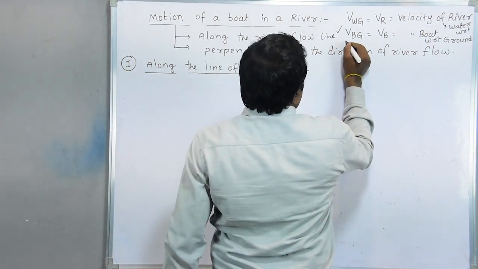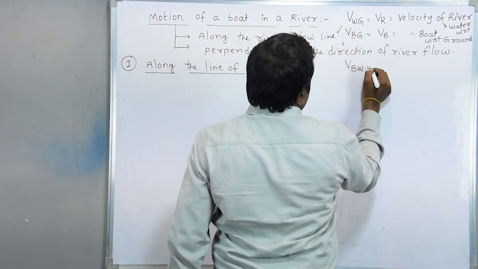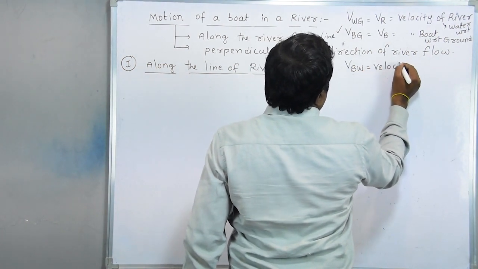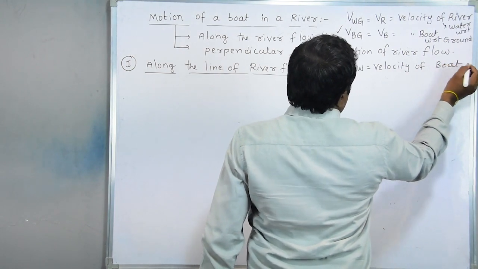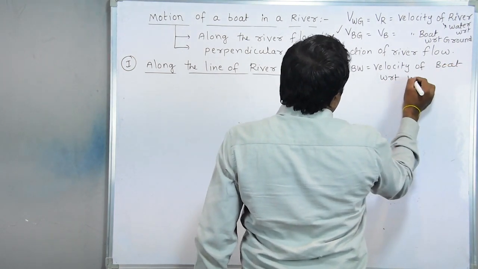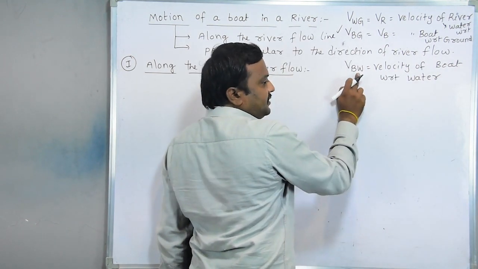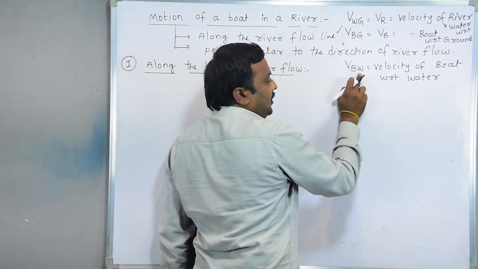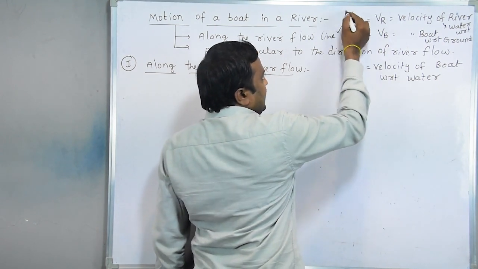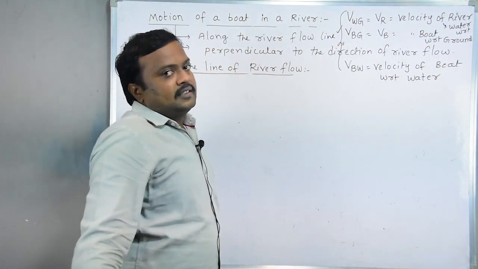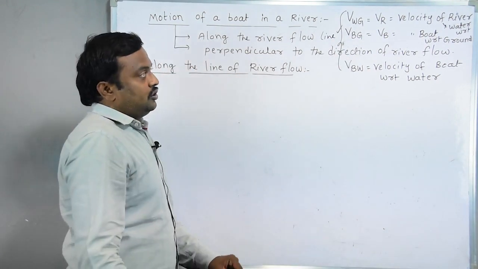Last one, VBW, that is velocity of boat with respect to water. So here the frame of reference and the body both are in motion in this case. Here the frame of reference is at rest, only the subject is in motion, means the body we are taking is only in motion.